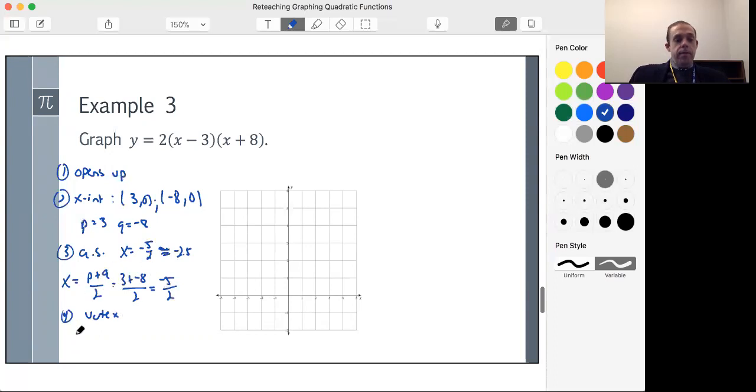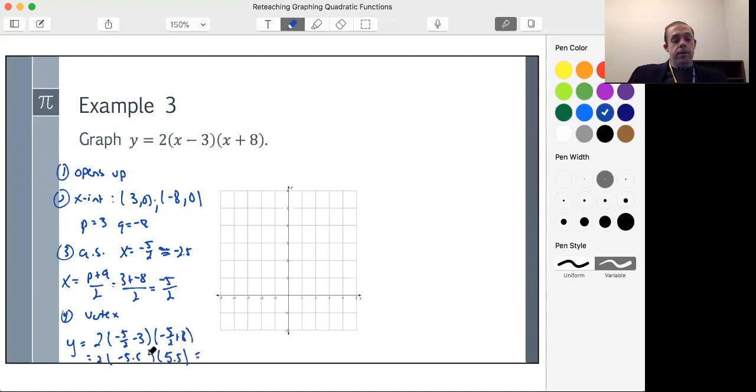And then step 4, you find the vertex. So we're going to substitute that back in. So we have y equals 2 times -5/2 minus 3 times -5/2 plus 8. So we have 2 times. This is going to be -5.5. And this is going to be positive 5.5, I think. All right.